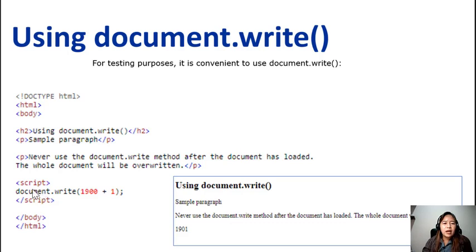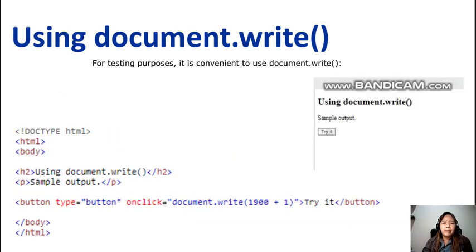So it will be displayed on your screen. Now as you can see, you have here a script. The script is going to write 1900 plus 1, and it will display 1901. Now what's the difference, right? If you're going to use a button and let the button trigger document.write, this is what will happen.